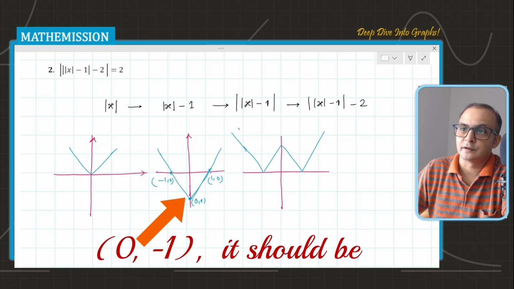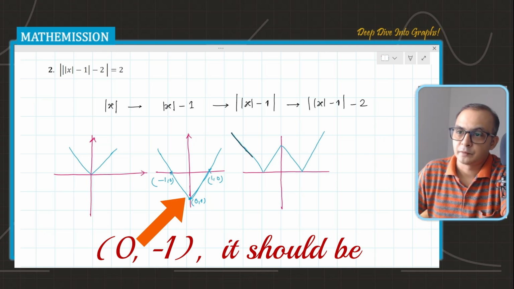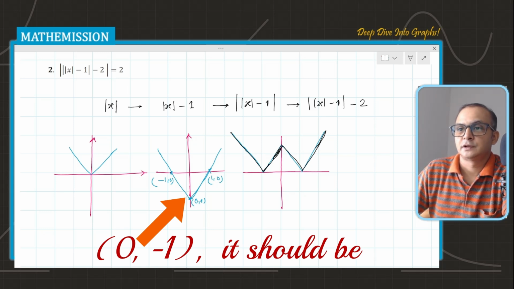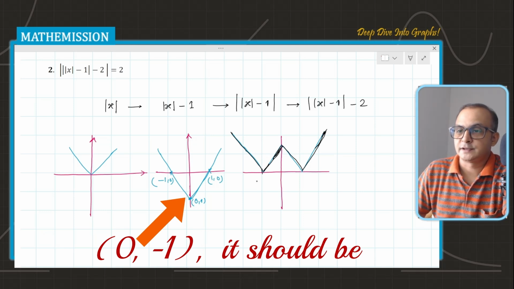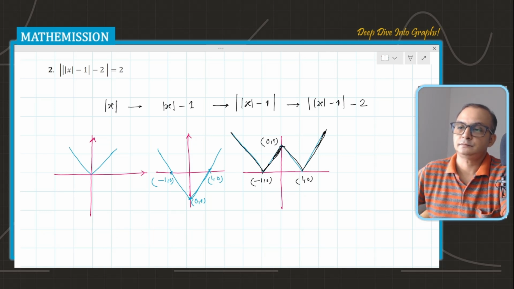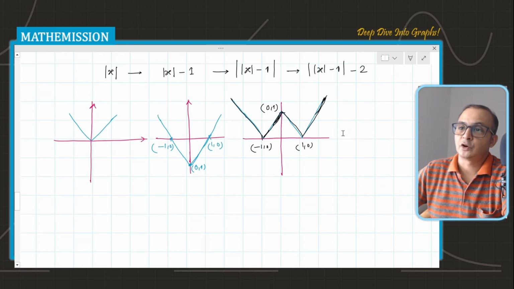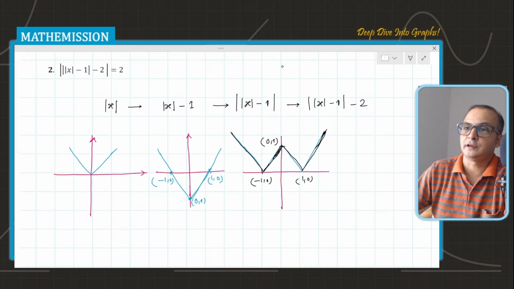So this is the graph of mod of x minus 1 whole mod. I'm overwriting, doesn't mean that these are the two graphs here. It's just to highlight. All right, this point is negative 1, 0. This point was 1, 0, and this point is for sure 0, 1. So we have drawn this graph so far here.